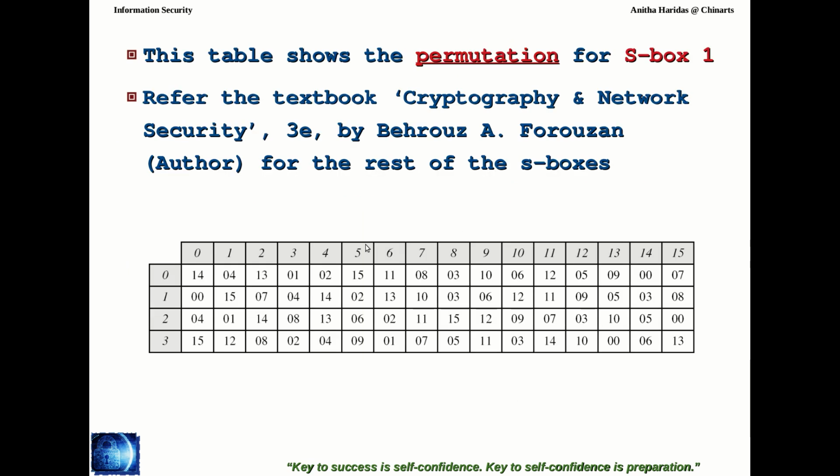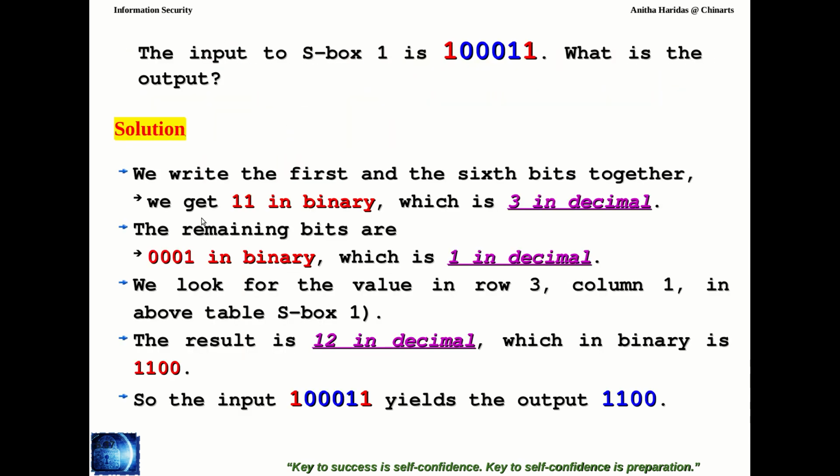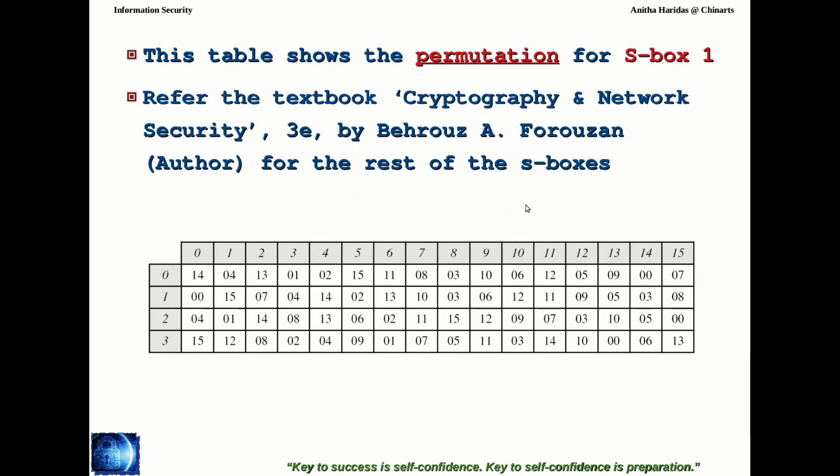As indicated, the first bit and the 6th bit will be used for the row index. So we write the first and the 6th bits together, which will be 1, 1 in binary, which is 3 in decimal. So 3 will be used as the row index.